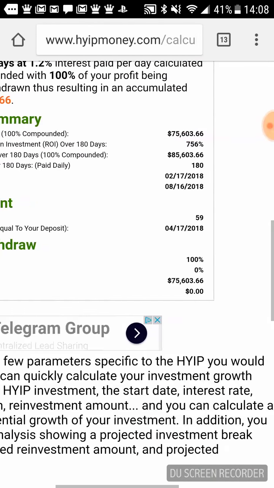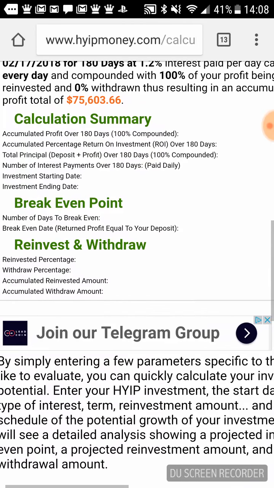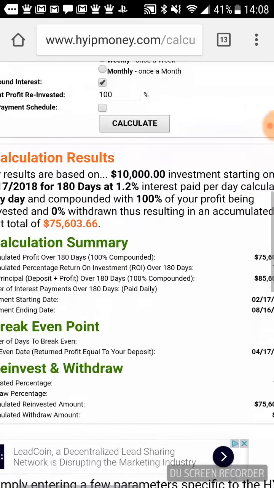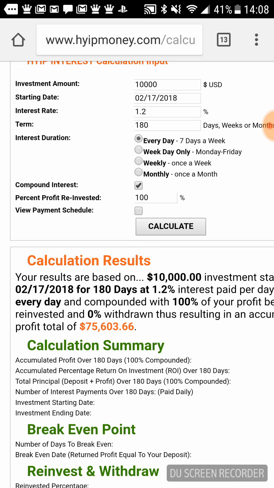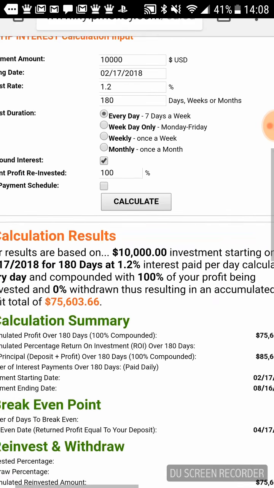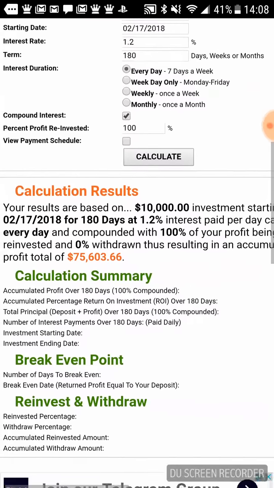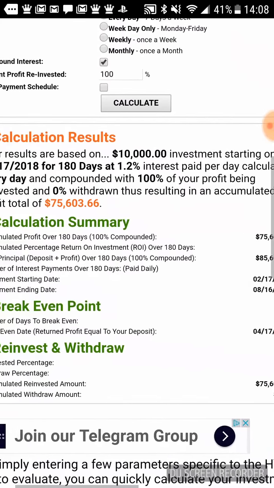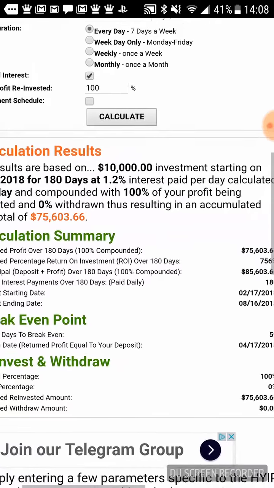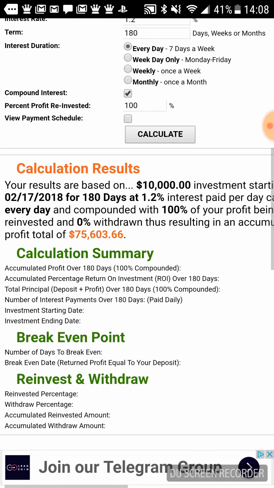Now on the plus side, so all right, how do I phrase this? Results based on a $10,000 investment starting today for 6 months at 1.2% interest, reinvesting 100%. It says that on the 180th day, you'll have an accumulated profit total of $75,603.66.